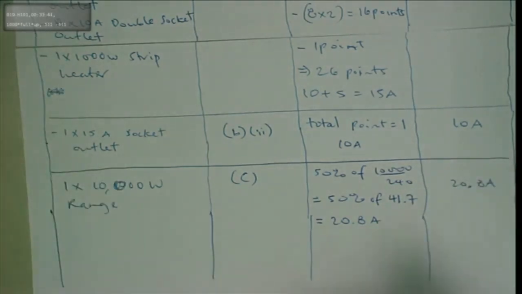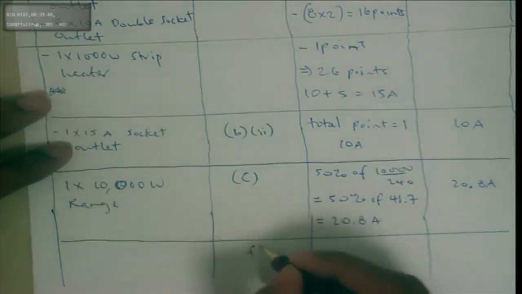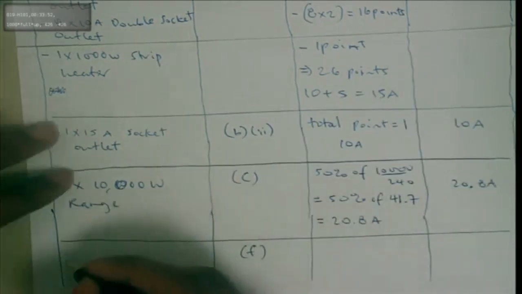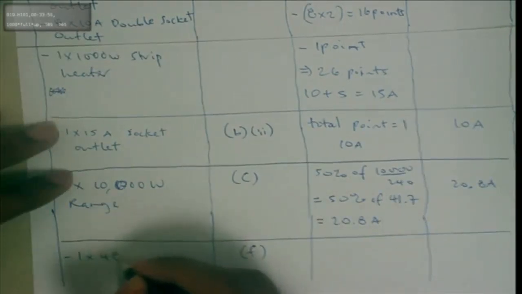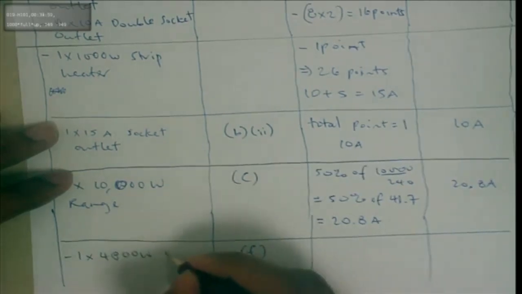Next group is group F. In group F we have 1 by 4,800 watt water heater.